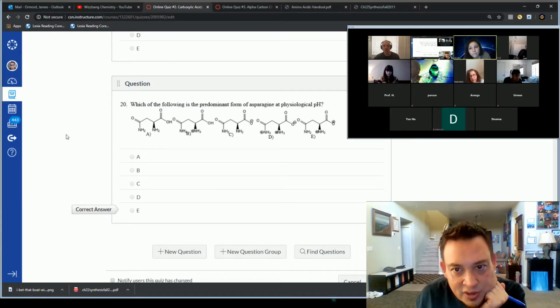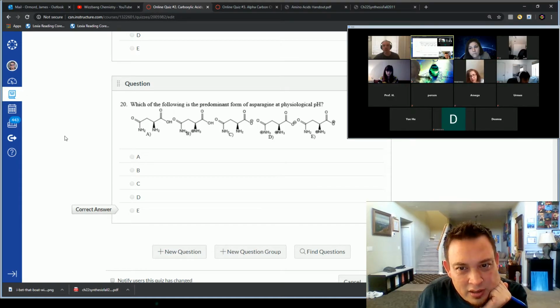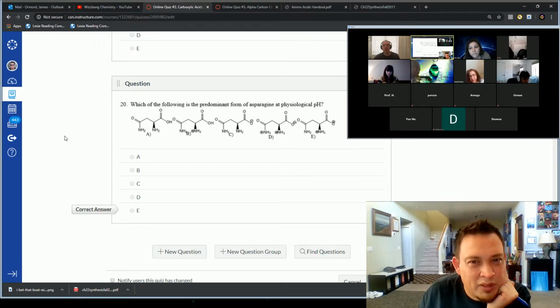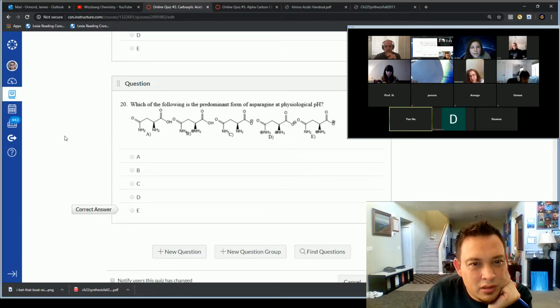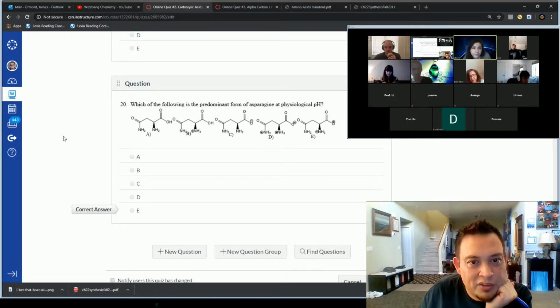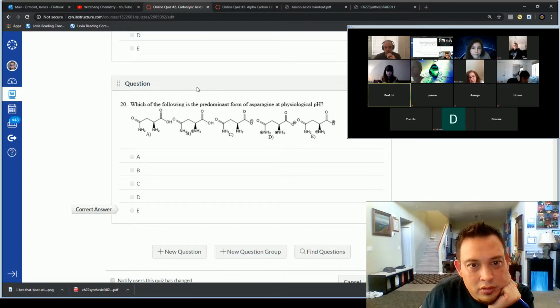And does E show the deprotonated version here? The answer is E. But I think it's a mistake. The amine should be protonated, the carboxylic acid should be an anion, and the side chain should be neutral.